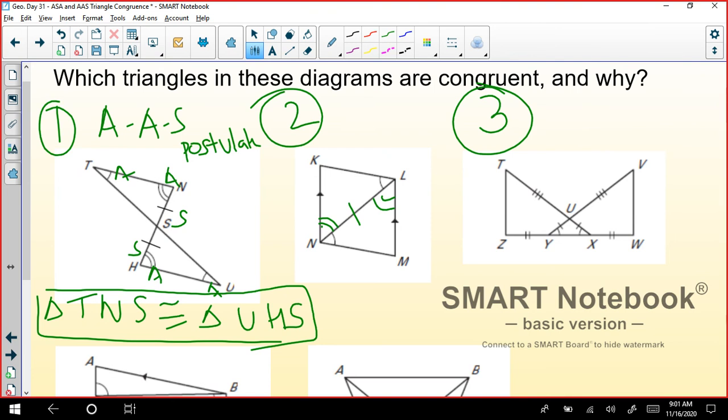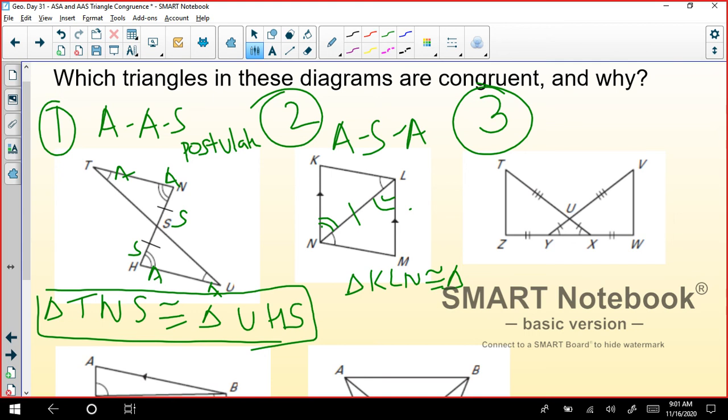The arrow mark doesn't indicate the sides are equal. They indicate they are parallel, and NL will act as the transversal, and the angles which are marked in green with two arcs will become alternate interior angles, and alternate interior angles are congruent whenever we have two parallel lines. So this will become ASA, and I can say that triangle KLN is congruent to triangle.